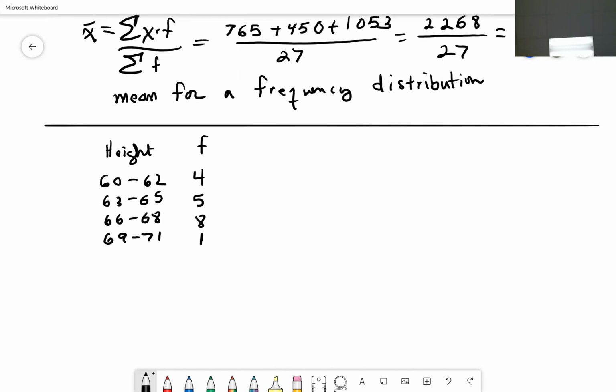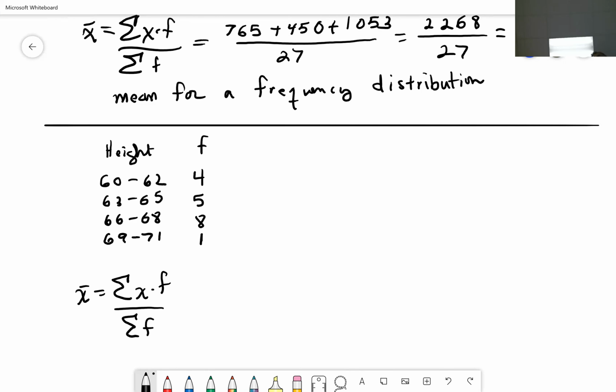So how would you execute this formula here? The sum of x times f divided by the sum of f. How would you do that? What would be the x for the first class?